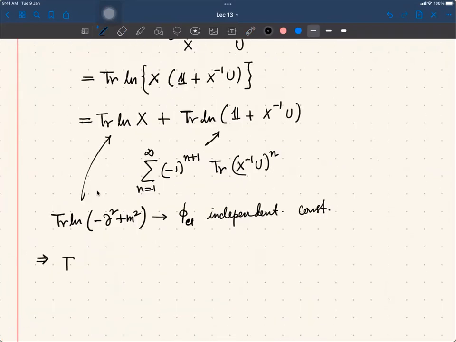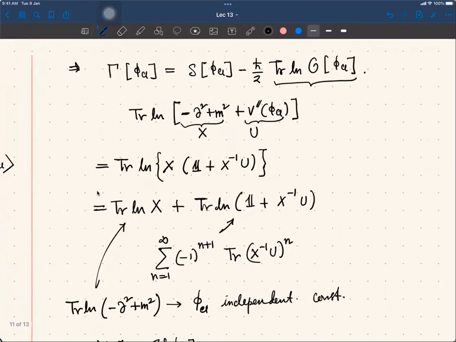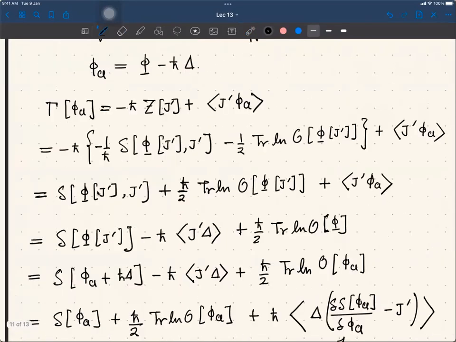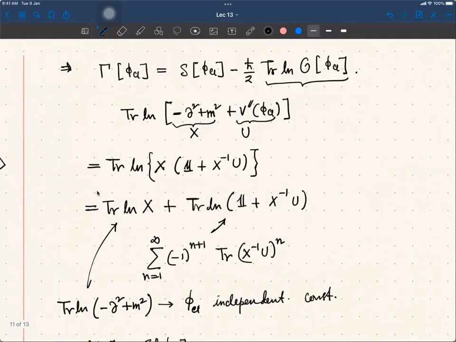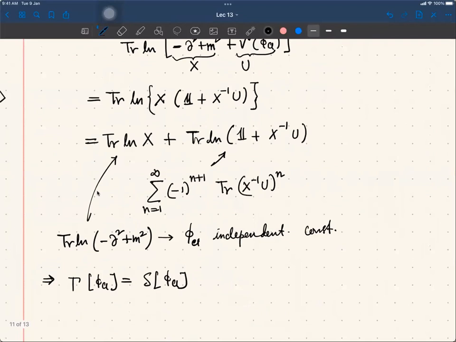So gamma of phi cl is equal to S of phi cl, then, sorry, this was plus h bar by 2, yes, plus h bar by 2 times the logarithmic expansion.